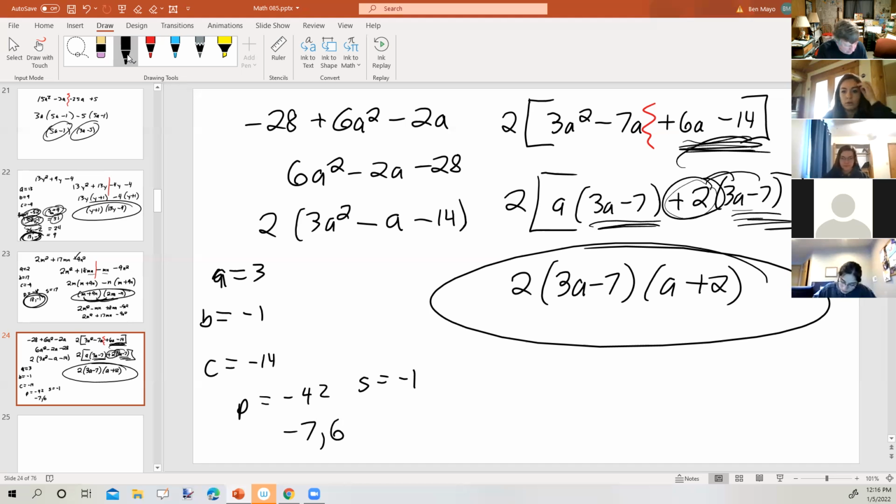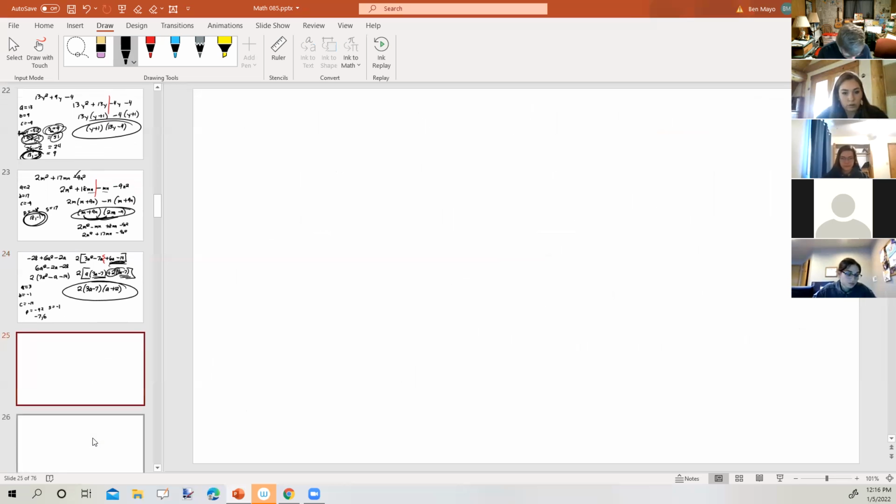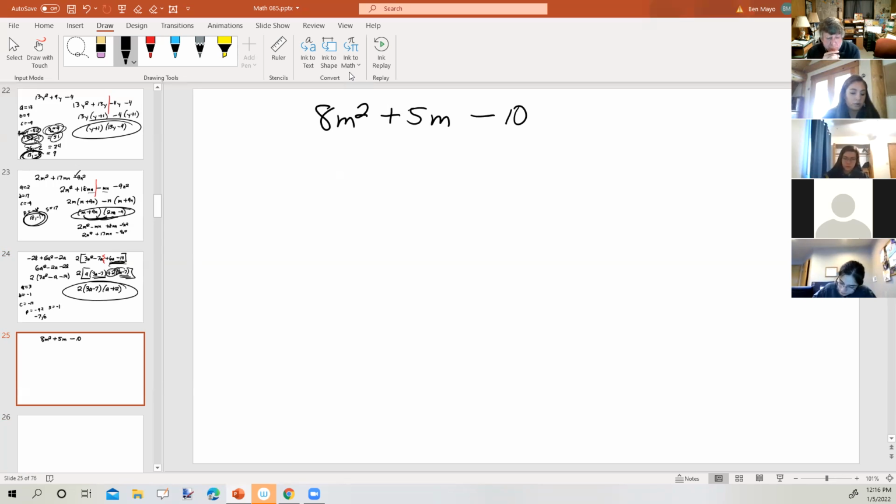All right, here we go. 8m squared plus 5m minus 10. This is a trinomial in standard form. There is no greatest common factor.